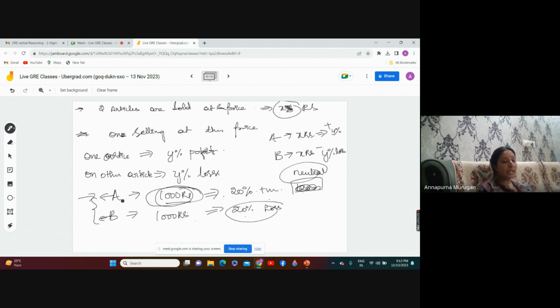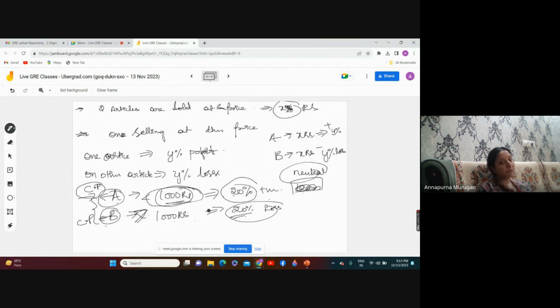But in this case, we don't know A's cost price or B's cost price. From this situation, we get to know that the cost price of A is less than 1,000 rupees, which is the reason it gains 20% profit. B's cost price is greater than 1,000, which is the reason we get 20% loss here.